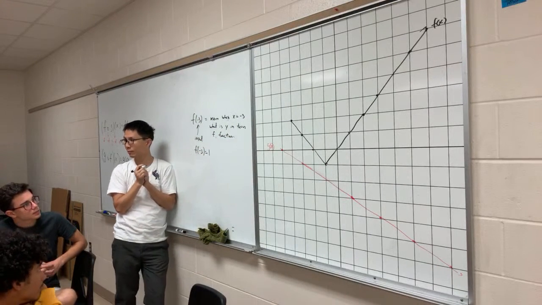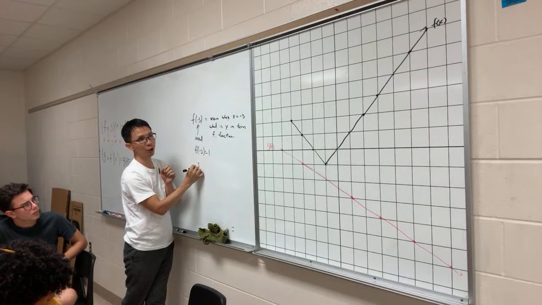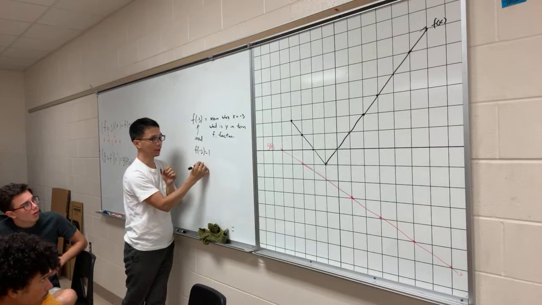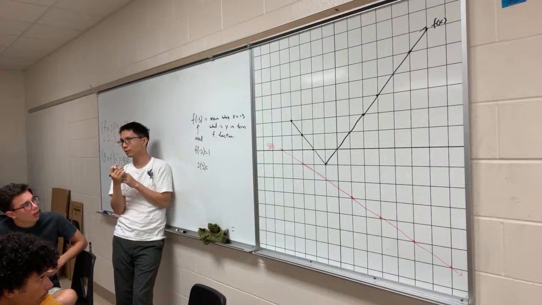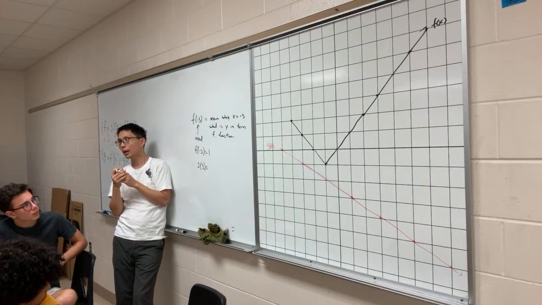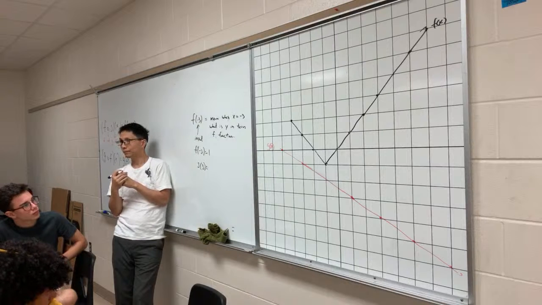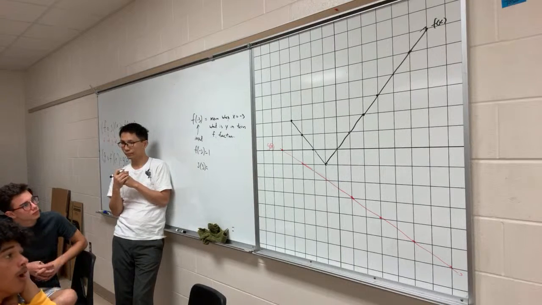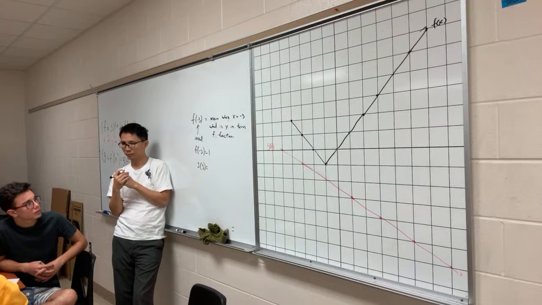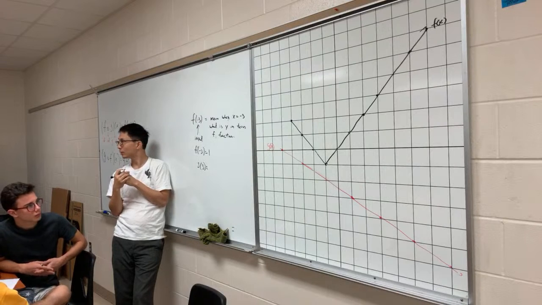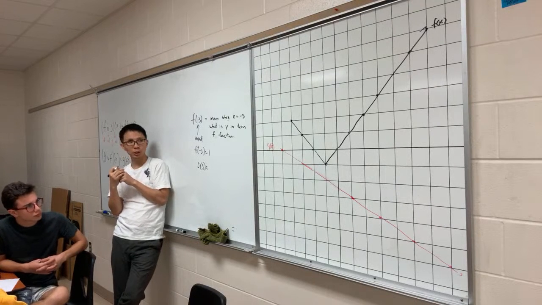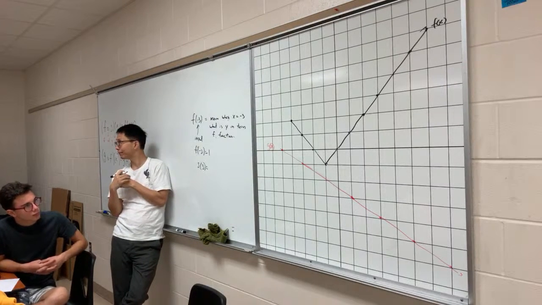Yep. So what is g of 3? Don't shout it. Other people need to know this. We're going to ask you more complicated ones later, don't worry. Maria, what do you think g of 3 is? Read the graph.